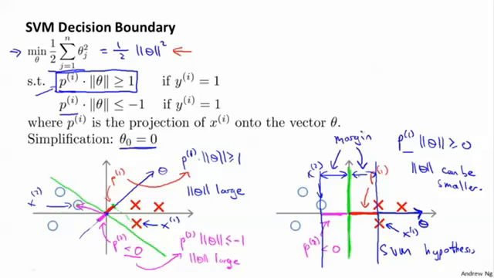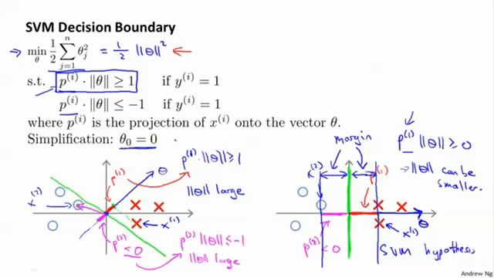The magnitude of this margin is exactly the values of P1, P2, P3, and so on. And so by making the margin large, or by making these terms P1, P2, P3, and so on large, the SVM can end up with a smaller value for the norm of theta, which is what it's trying to do in the objective. And this is why the support vector machine ends up with a large margin classifier, because it's trying to maximize the norm of these PIs, which is the distance from the training examples to your decision boundary.